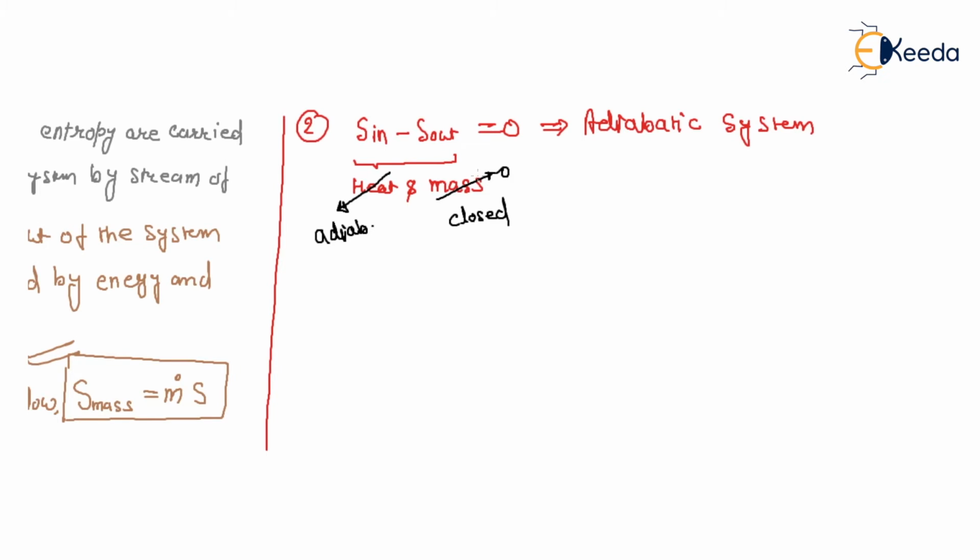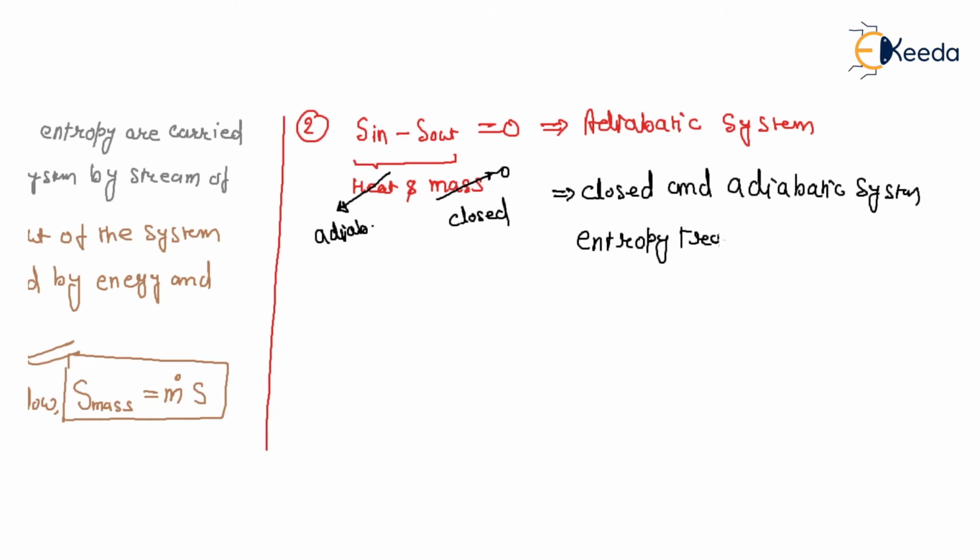So for a closed and adiabatic system, entropy transfer is 0, right? There is no entropy transfer.